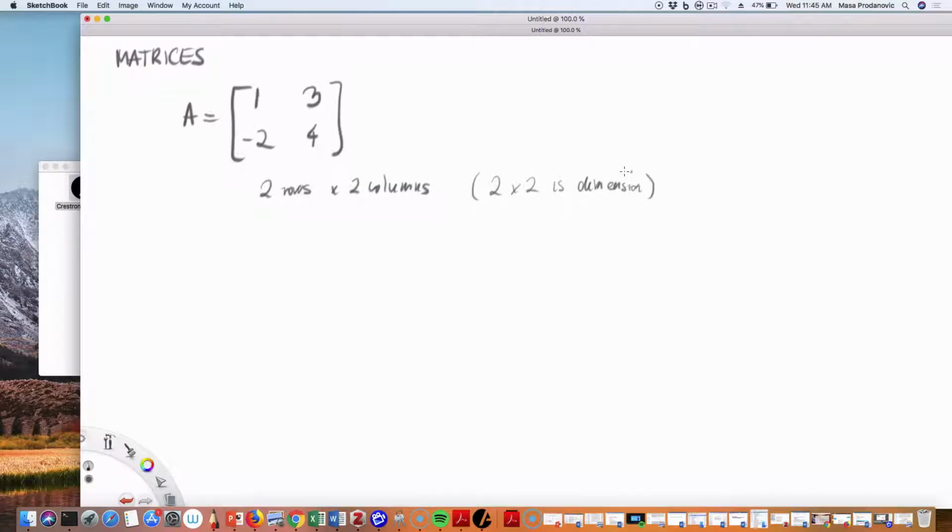If I had a function f of x for a scalar, f of x is 3x, that function takes one number and sends it to another that is 3 times the original one. Now, what if I want to send a vector to another vector? Then I actually have to have a matrix or a 2-dimensional array of coefficients. It's not just 1, 3, but it's multiple of them that will give me the vector that I need.